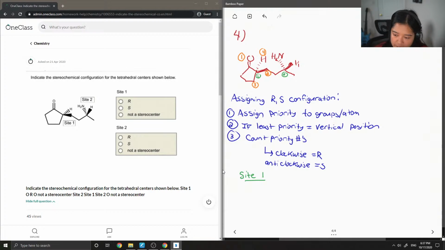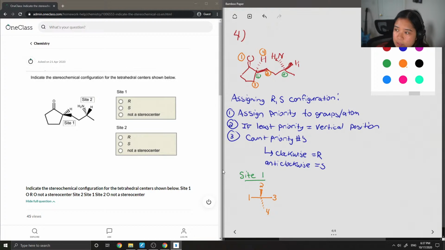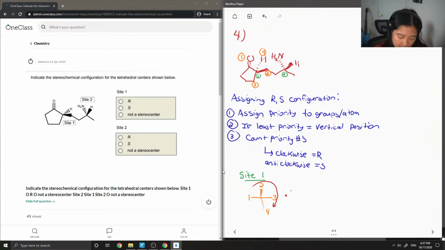So if I were to write out a basic picture of what it would look like, putting the lowest priority in the vertical position, and once you count from 1 to 4, you'll notice this goes in a clockwise direction. So therefore site 1 is R.